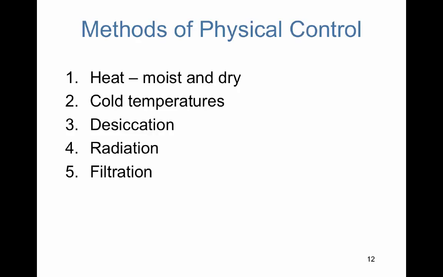So now I'm going to go over all of the methods of physical control. And they are changes in heat, so an increase in temperature, a decrease in temperature, which is microstatic. It is not microcidal. Also desiccation, which will dry out the cell, and similar to in the case of changes in osmotic pressure.